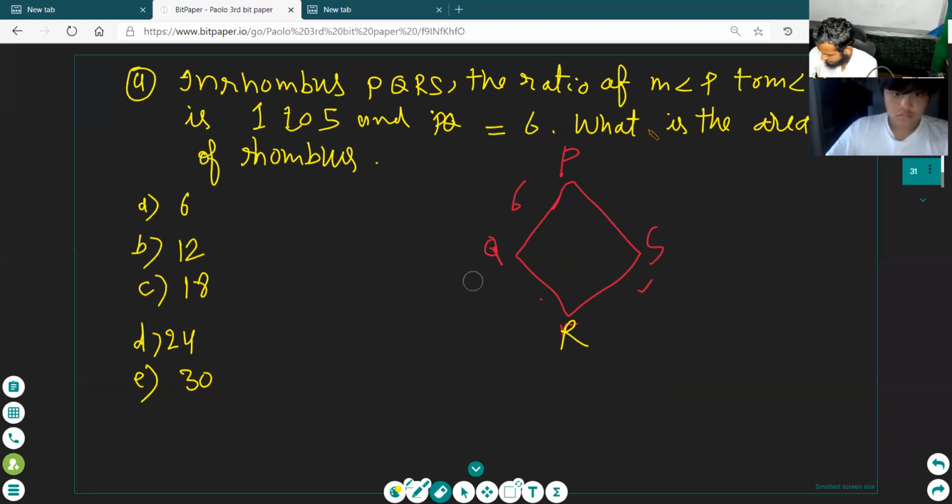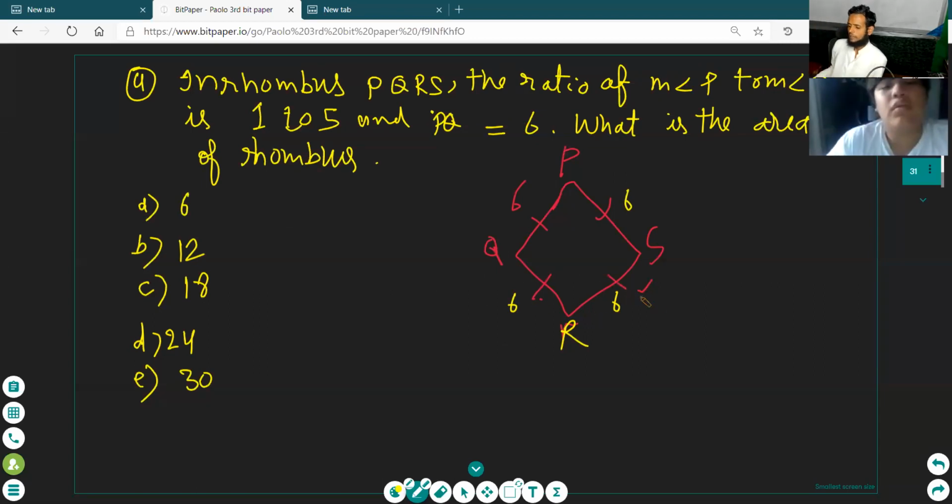Clear? Yes, you can write all sides are equal. You can write it 6, okay? And then what I'm trying to find is the area.